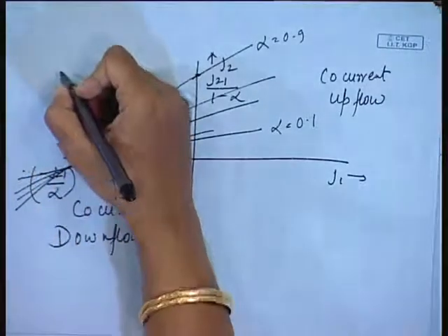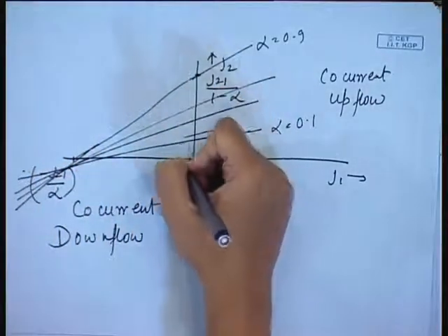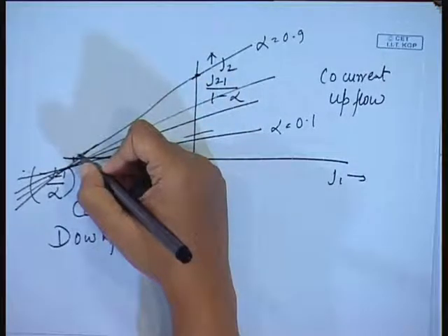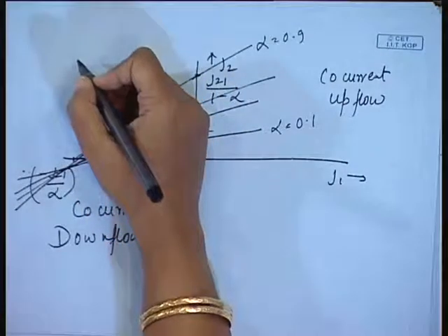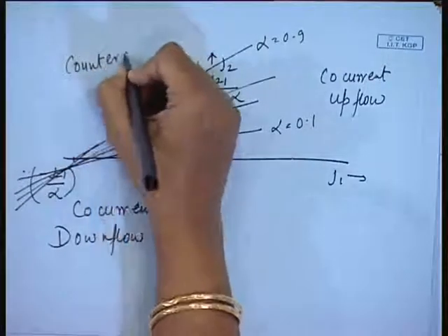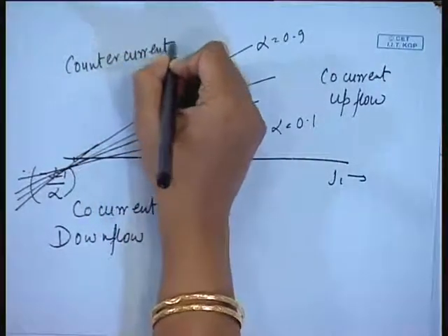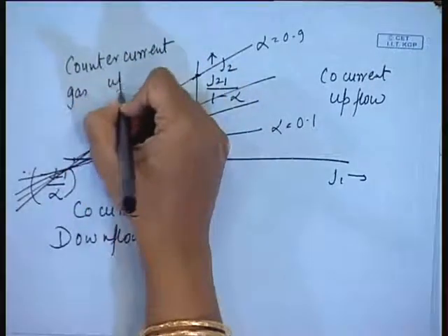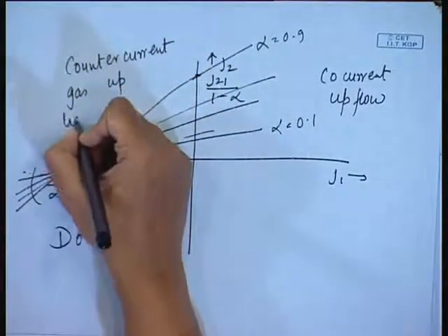Here J2 is positive, J1 is negative. So, J2 positive, J1 negative means it is counter-current with gas up, liquid down.